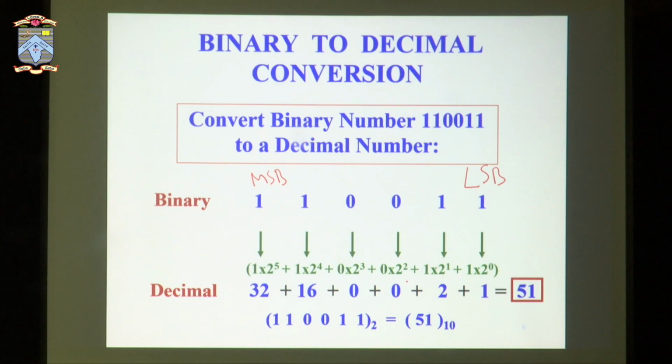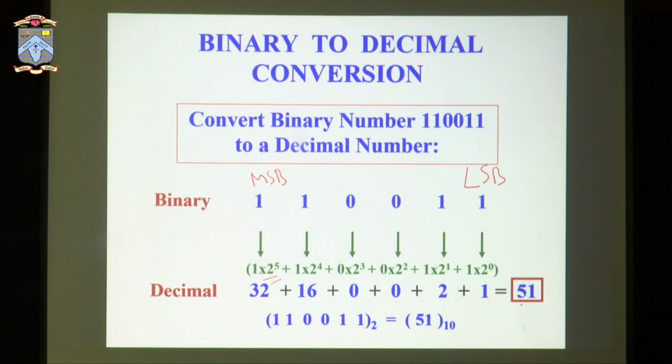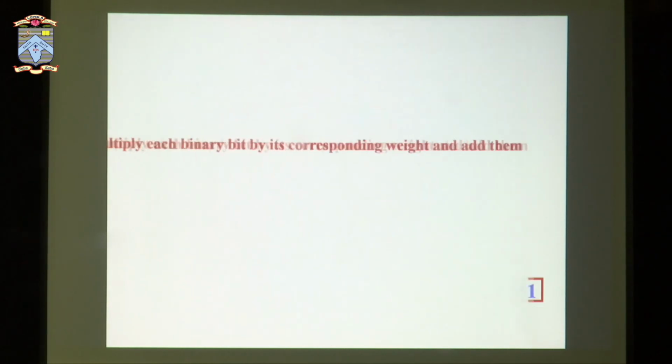So, 2 power 1, 2 power 2. You multiply every binary bit by its corresponding weight, and finally, you add all these numbers. Therefore, when you add, the value is 51. So, the given binary is equal to 51 in decimal.